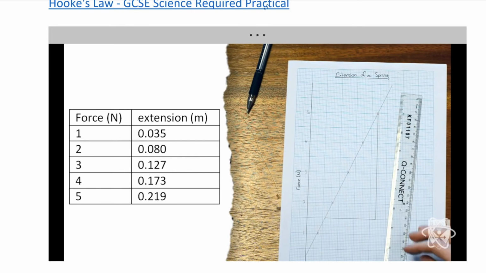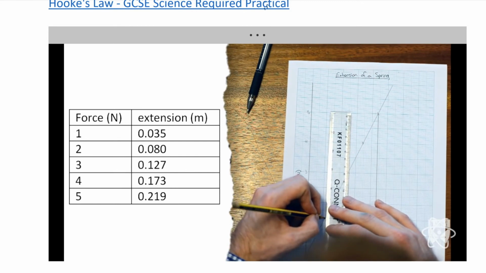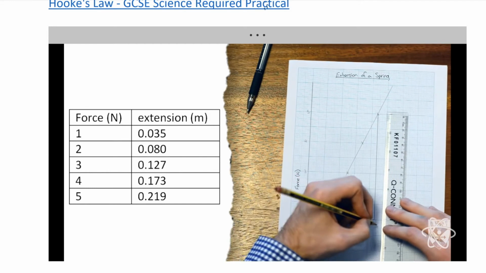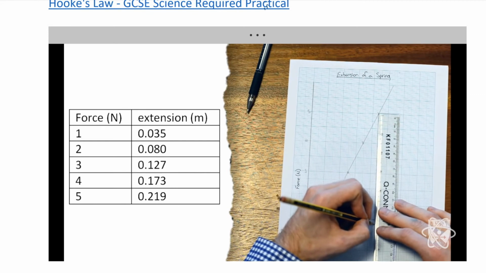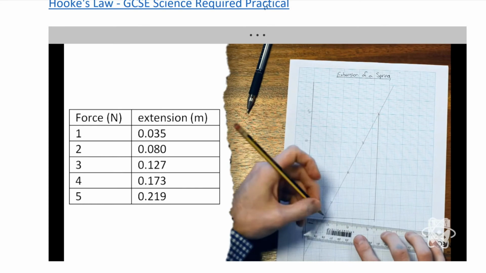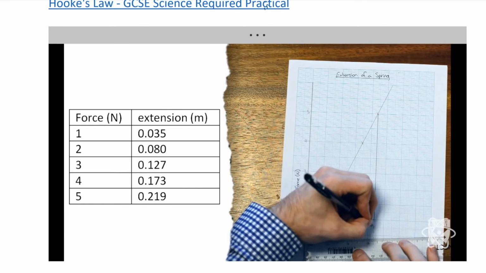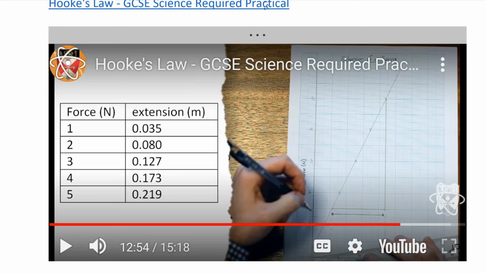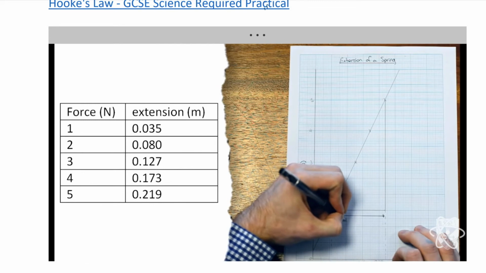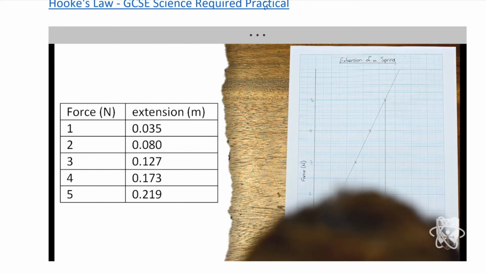Okay, and now I need to know both the width and height of that right angled triangle there. So if I read down from there and from here, then the extension in meters is going to be 0.22 meters, and over here we have 0.055, so that is going to be equal to 0.165 meters there across.